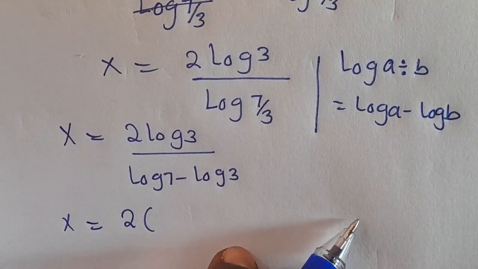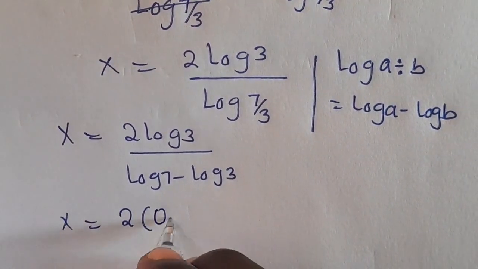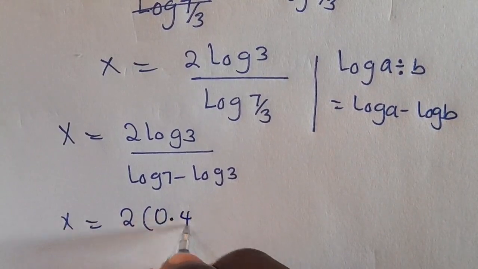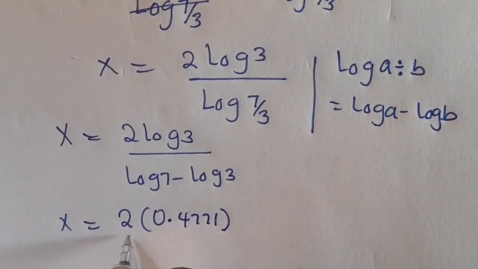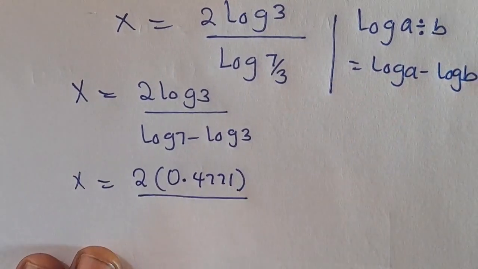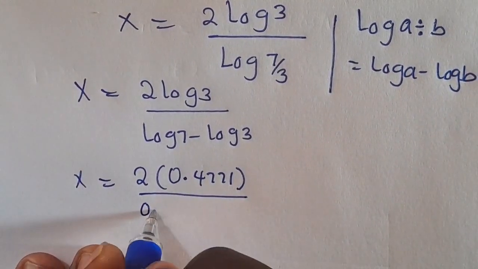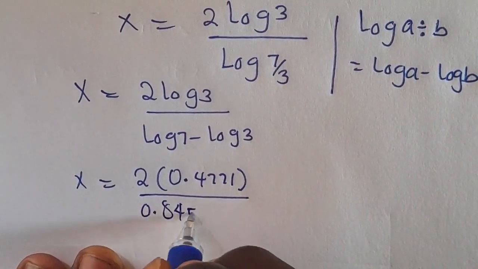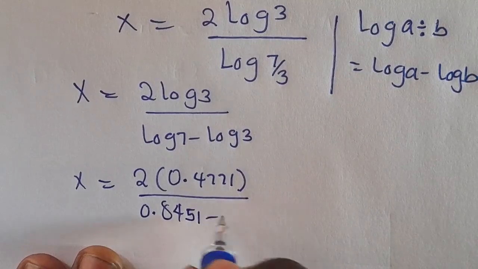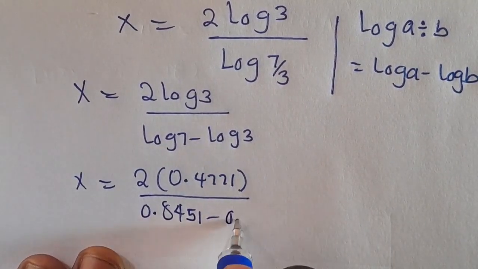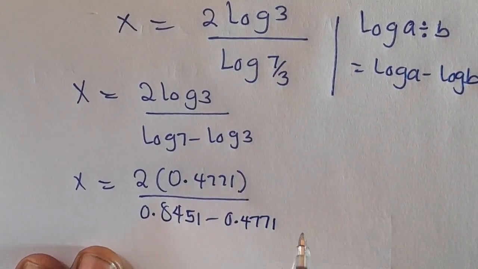So now from here, we have x to be equals 2 multiplied by log 3. When you press log 3, we have log 3 to be equals 0.4771, then divided by log 7 is equals 0.8451, then minus log 3 again 0.4771.